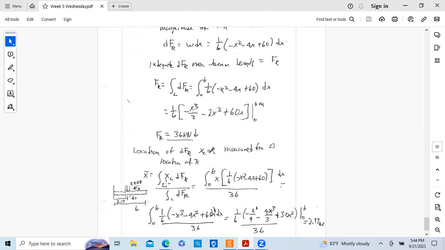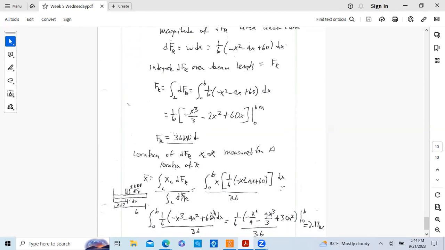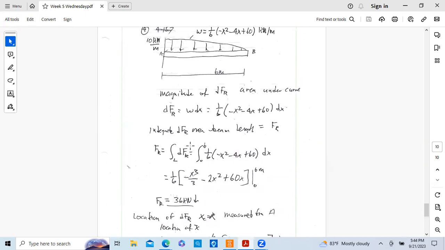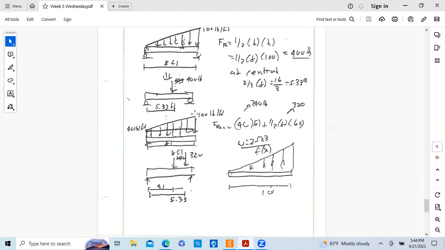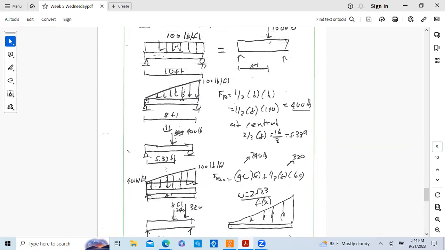Okay, the integral of x times the differential force resultant, divided by the integral of the force resultant. And if you're interested, you can follow this integration. I won't give you that problem. The only problems that we'll look at will be a concentrated force, a uniform distributed force, a uniform varying force, or a trapezoidal force, which I've broken down into a triangle and also a rectangle.